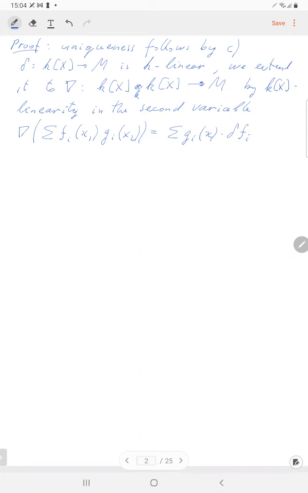I think we have a tensor product there. Yes, nabla of the sum of f_i tensor g_i. Oh, okay, that's what you meant. Thank you.